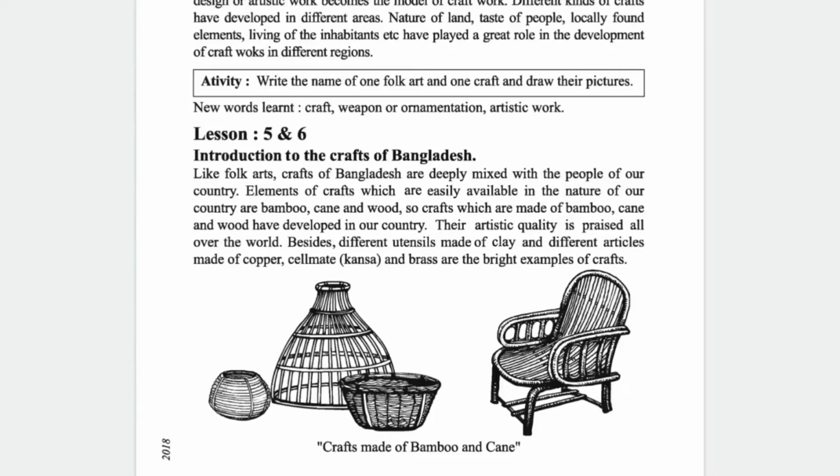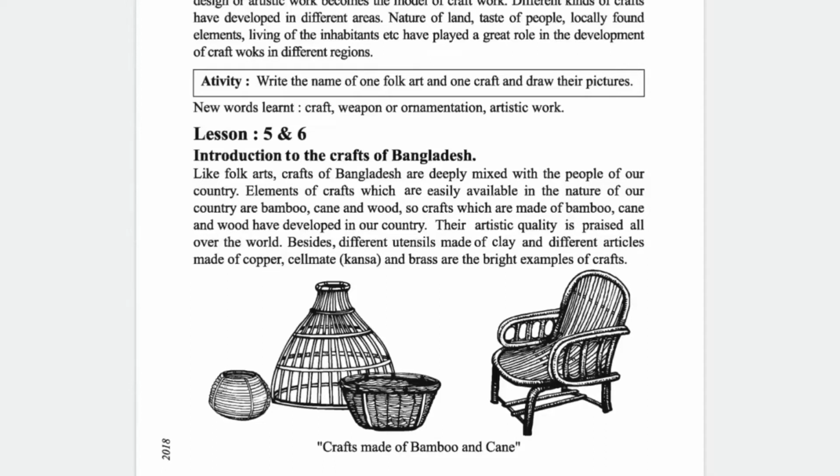As an example, different kinds of clay and different articles made of copper, bronze are examples of craft. On this page, we saw two useful items which are made of bamboo and cane.